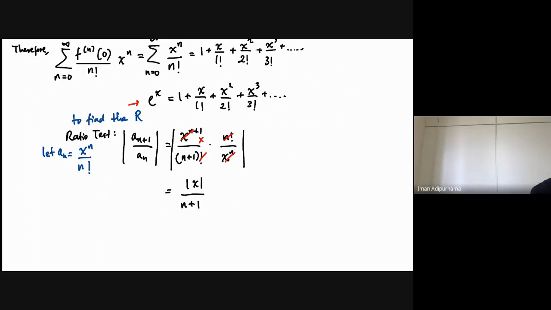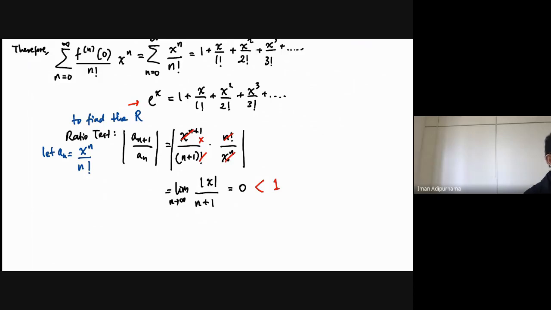And don't forget to write the limit as n approaching infinity. And it will be approaching 0. Okay, and this is already less than 1.